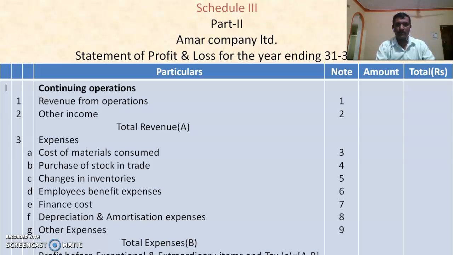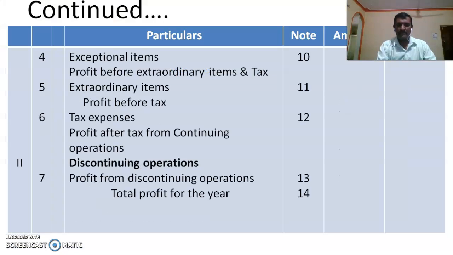At the top we have to write Schedule 3 Part 2, below that the name of the company, under that statement of profit and loss for the year ending 31st March 2020, and the information to be taken under this format as provided by the Companies Act. And it continues like this, again here, about discontinuing operations also.